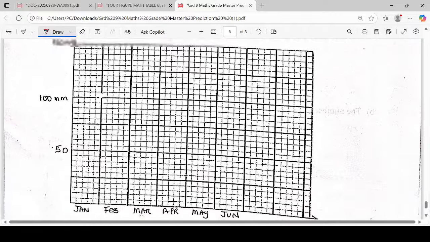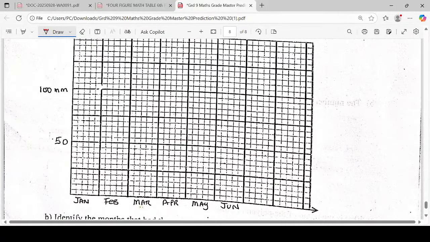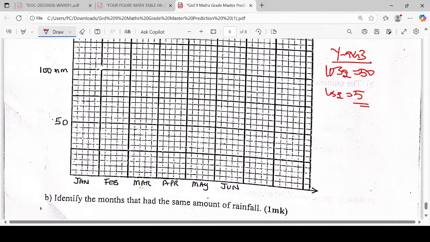So first you need to understand what scale you have in your y-axis. You can see in my y-axis, 10 small squares is equal to 50, meaning 1 small square is equal to 5. Once I know that, now I want 30. 30 should be 6 small squares here.